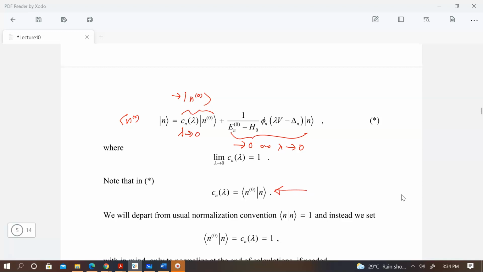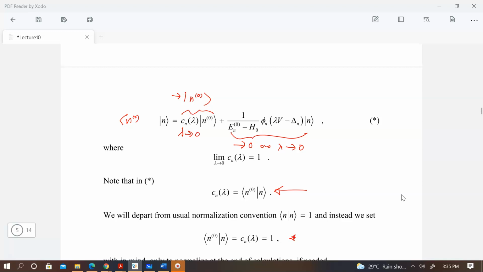So what we're going to do in this particular case is to set this so-called coefficient in a way that is convenient for us to do perturbation theory, and we set this to be equal to 1.